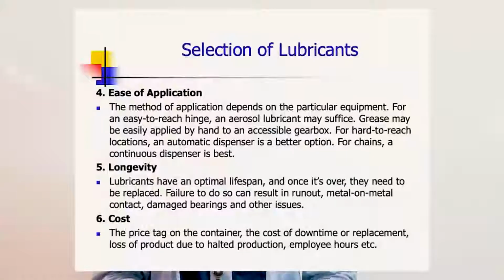The fourth criterion for selection of lubricant is the ease of application. What we mean by ease of application is that the method of application will depend on the particular environment. Where you have an easy-to-reach hinge or something that is externally exposed, it doesn't take any serious effort to get to the location of the equipment.